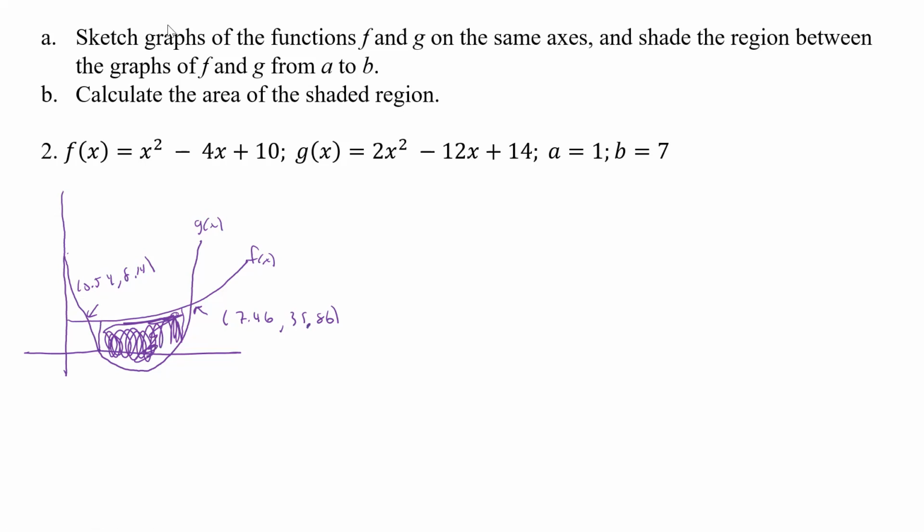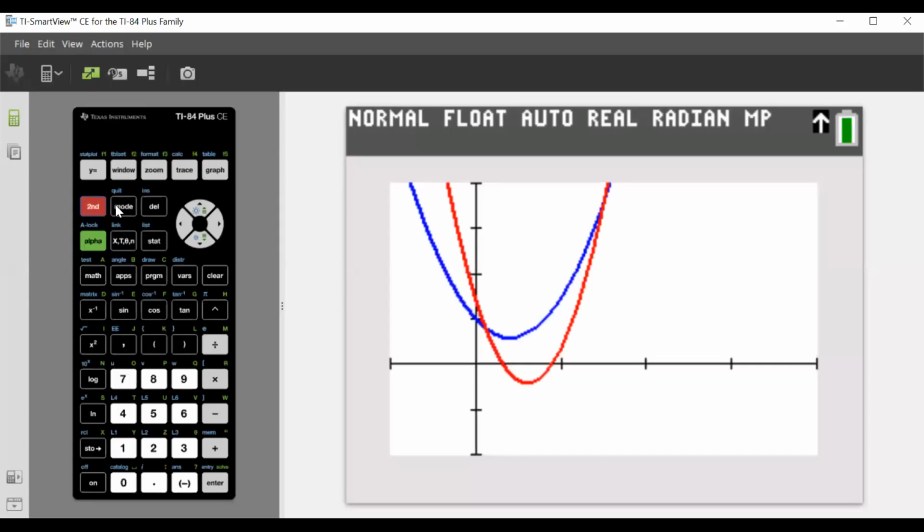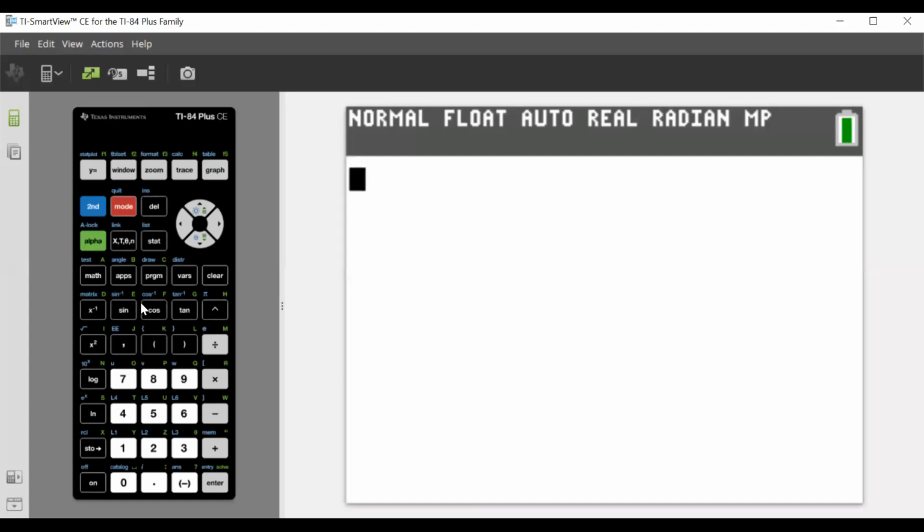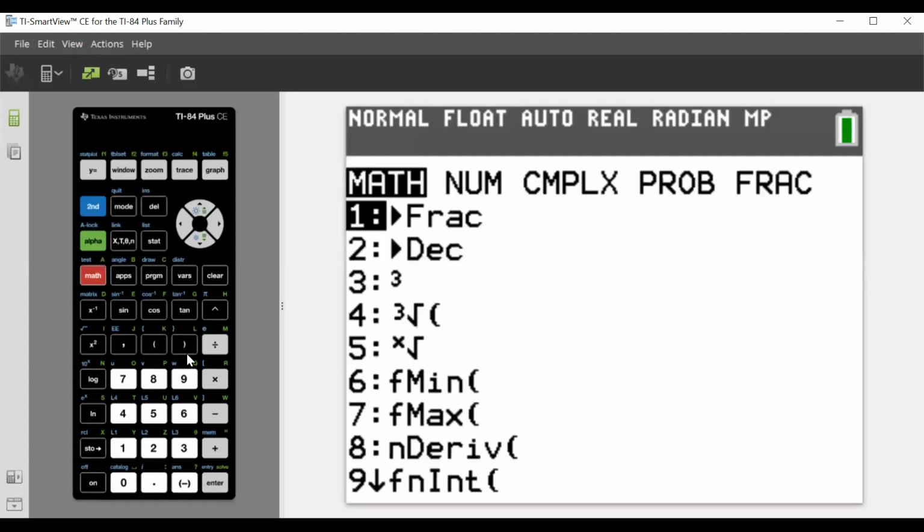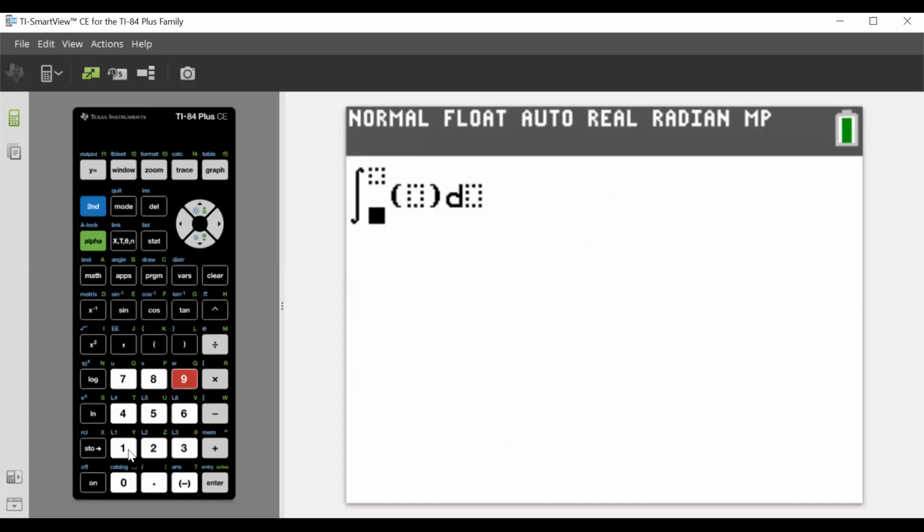Well, now we have to go and find that integral. So now we go back over here. Let's take our math 9, and we're going to go from 1 to 7.